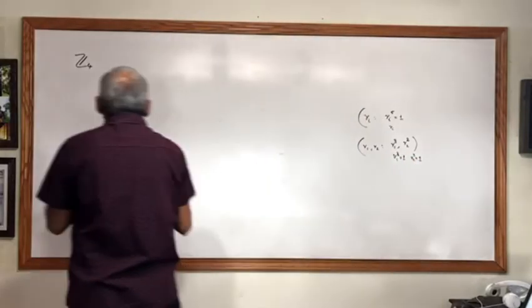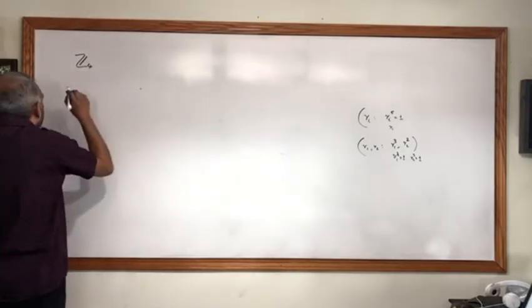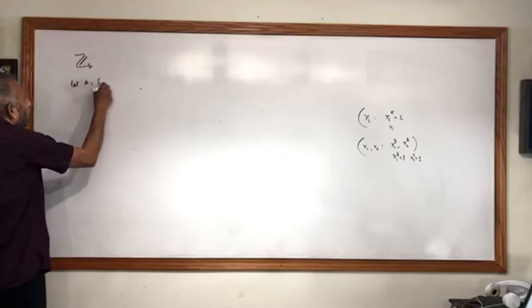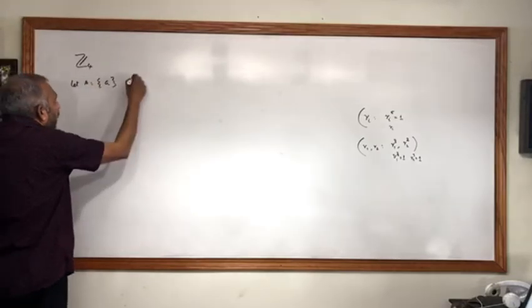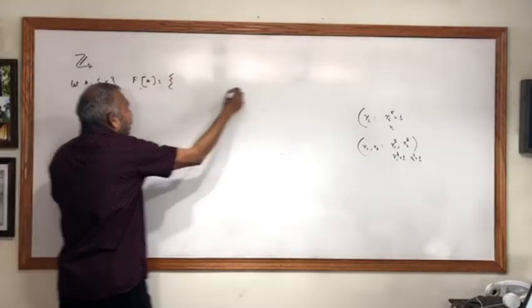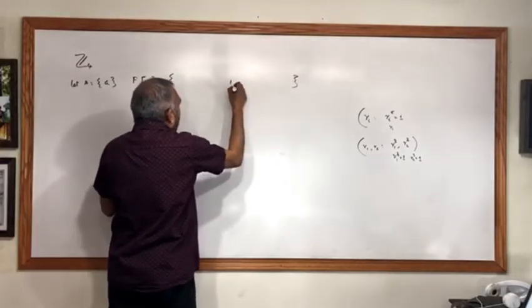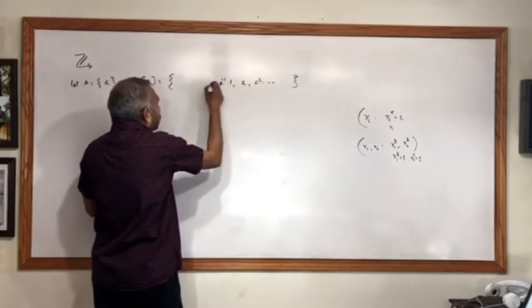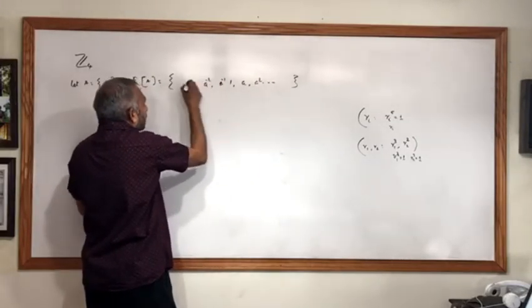So here, let us start with one generator. Let A be the one generator. So F(A) is going to be 1, A, A square, dash dash, A to the power of minus 1, A to the power of minus 2, dash dash.